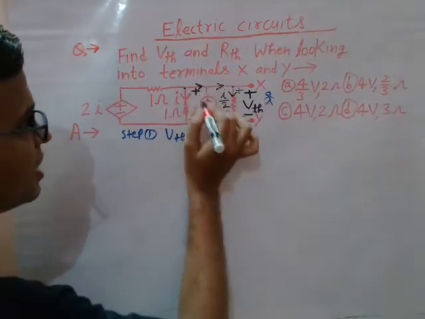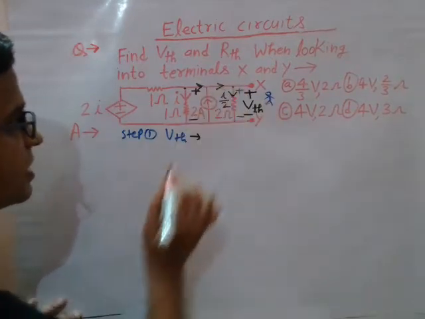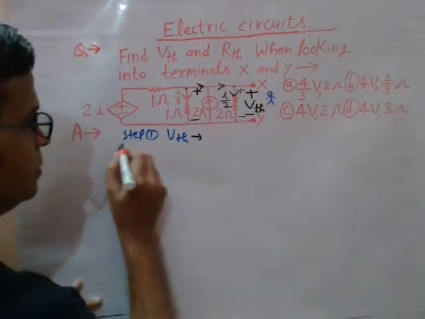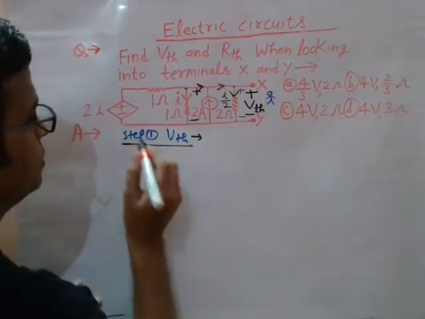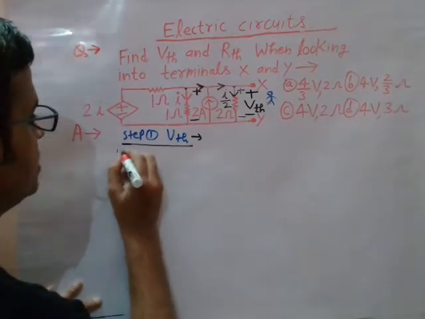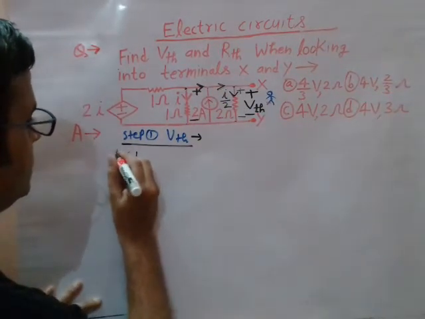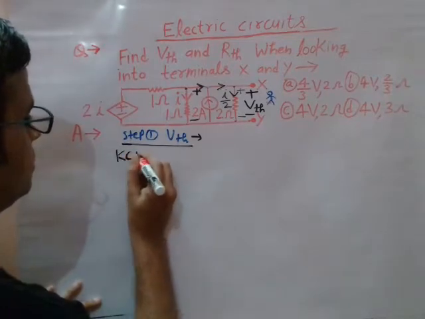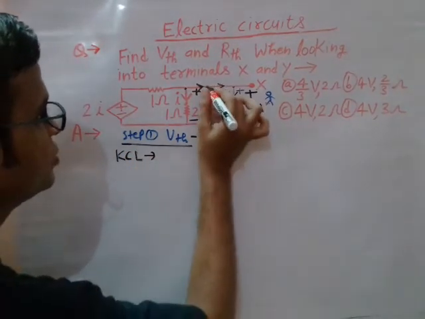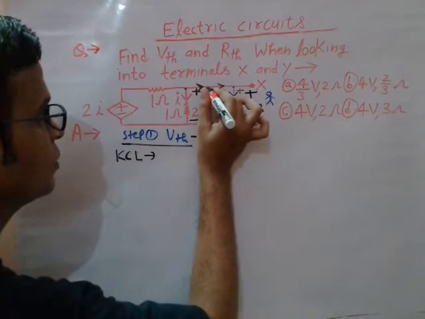So this current plus this current is equal to this current, right? So how to apply KCL? I am going to apply Kirchhoff's current law at this particular node.